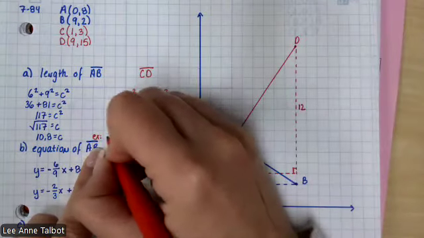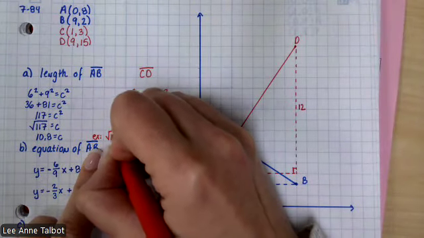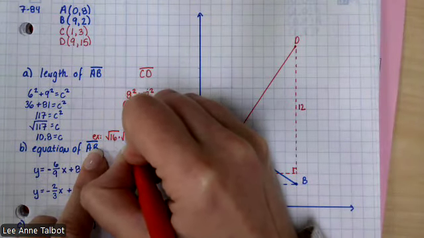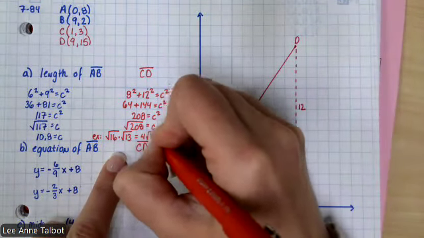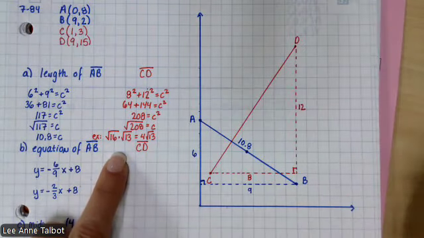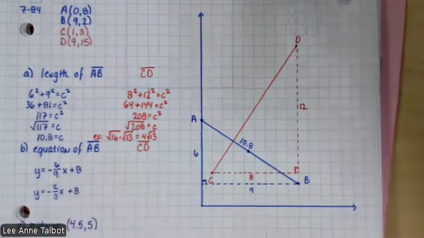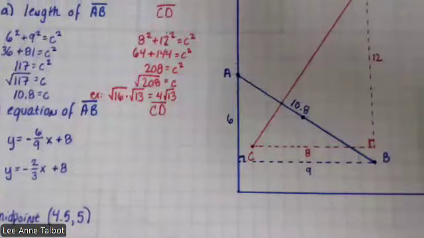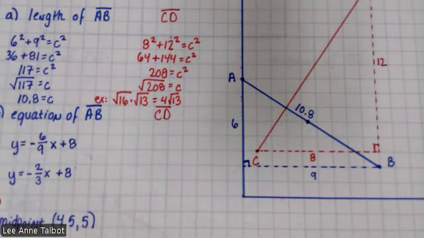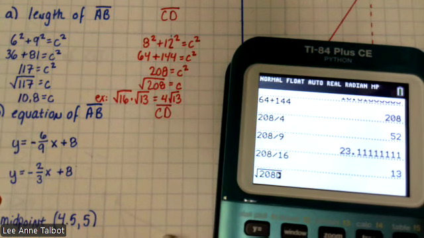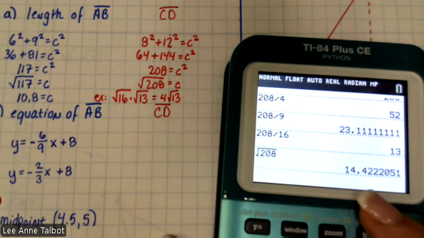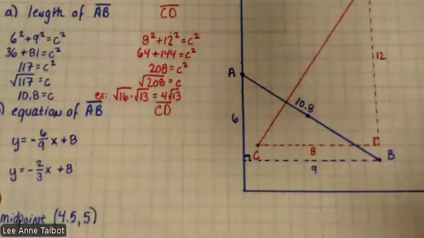Exact is going to be square root of 16 times square root of 13, which is going to be 4 root 13. And then I'm going to do the approximate, 14.4.